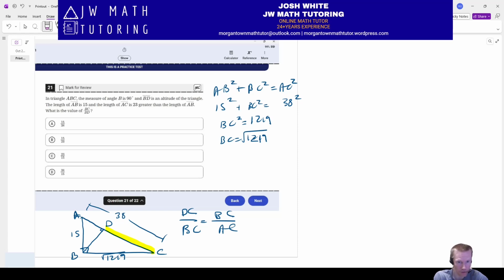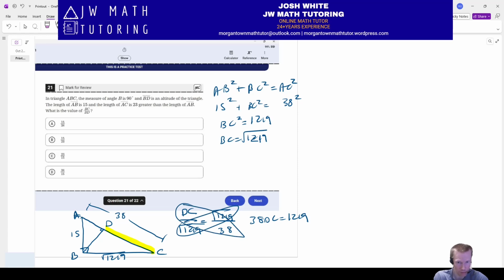Okay? So now what we can do is just go ahead and plug in. DC we don't know. BC is root 1219. So we plug that in. And then AC is 38. So now when you cross multiply, you get 38 DC equals just 1219 because the two square roots cancel out.